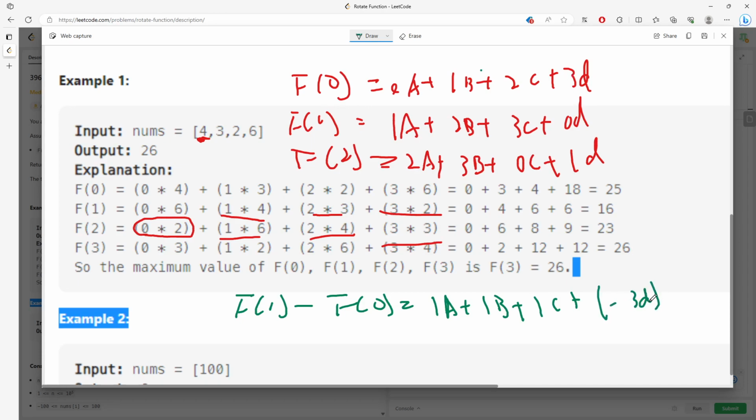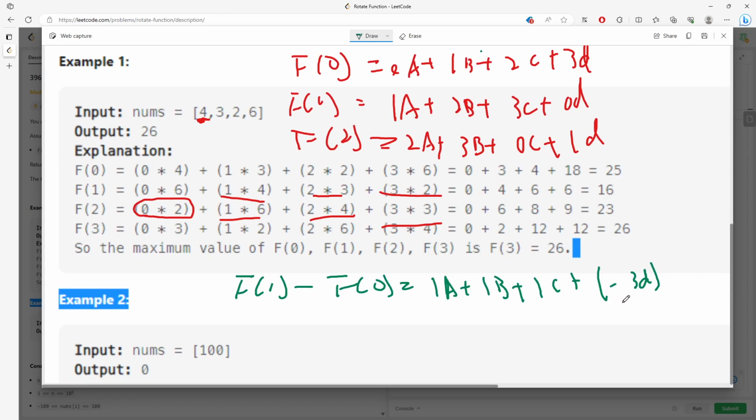That's not over yet. Look at this, I'm going to do some magic. 1A is still the same, 1B is still the same, 1C is still the same.